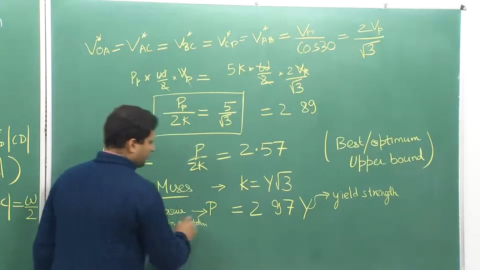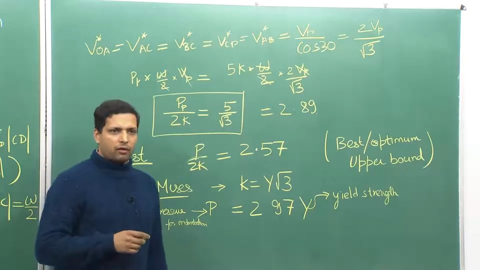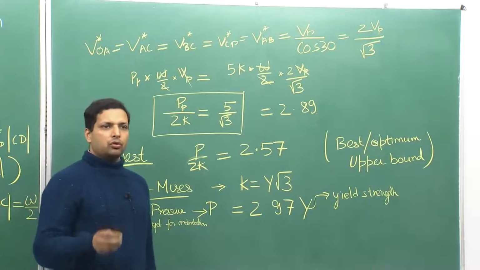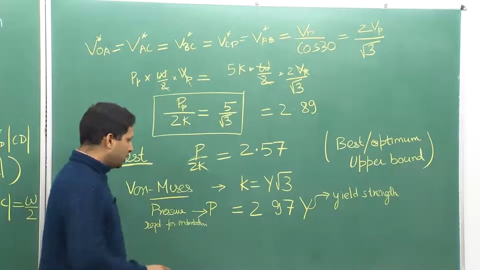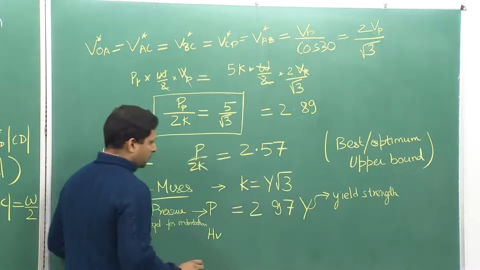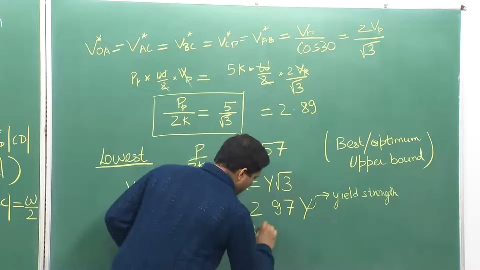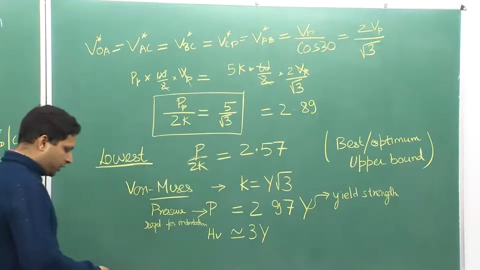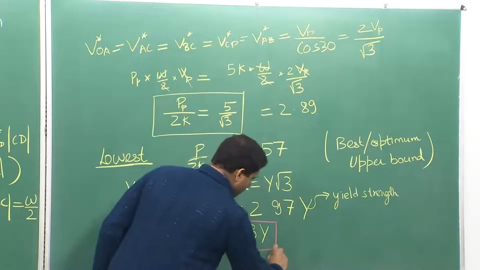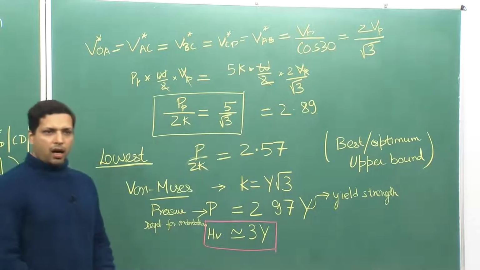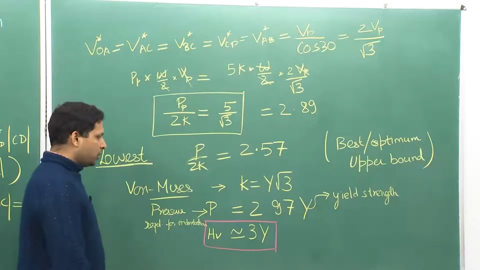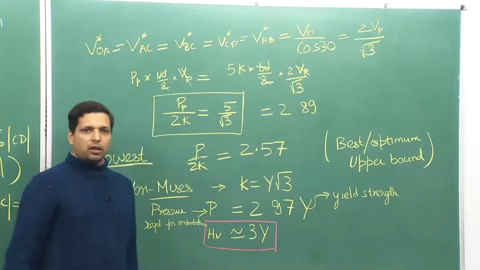In many hardness measurements, you directly use the pressure value. For example, in Vickers hardness, you directly use the hardness value or the pressure value to quantify the hardness of the material. So, this P can now be written as HV, which is approximately equal to 3Y, and you may remember from your mechanical metallurgy course, this is a relation that we often use. So, your yield strength and the hardness that you measure of the material are correlated. Hardness is equal to 3Y, or yield strength is 1/3 of hardness.